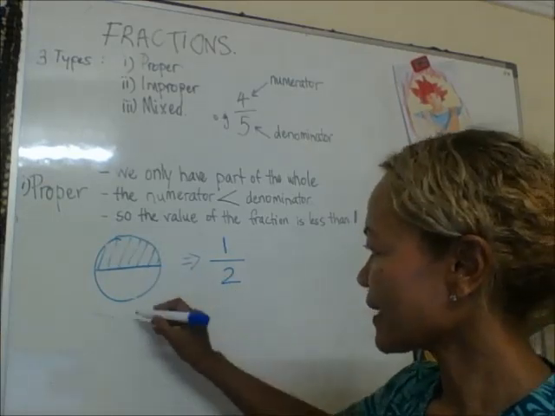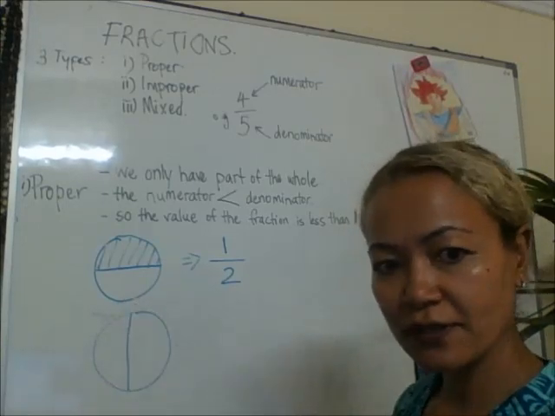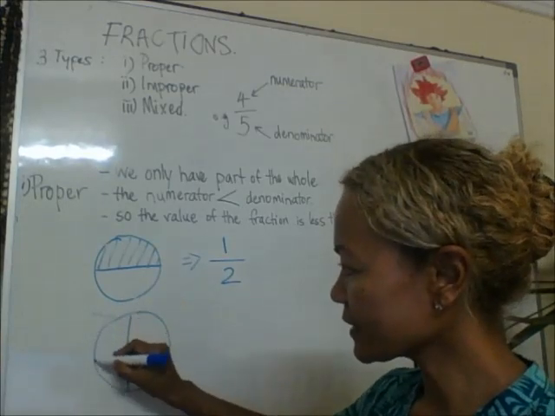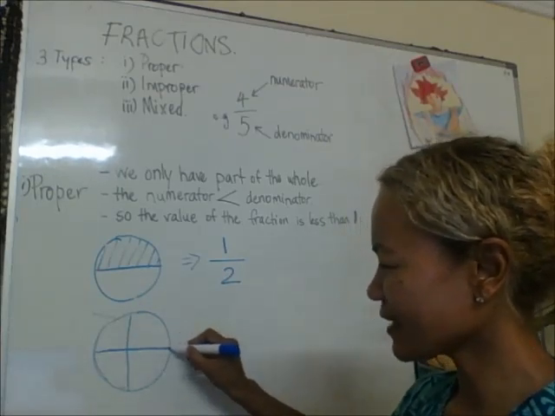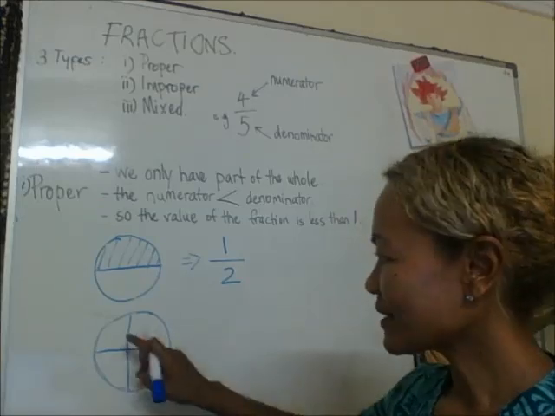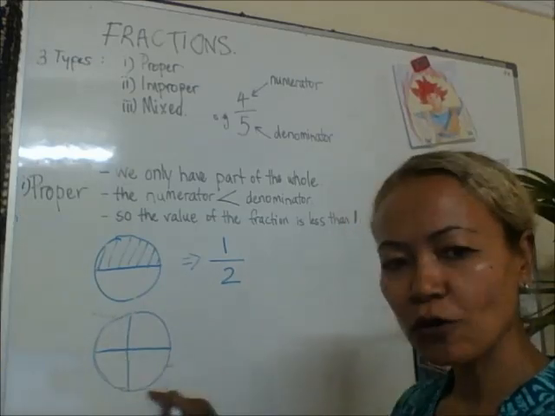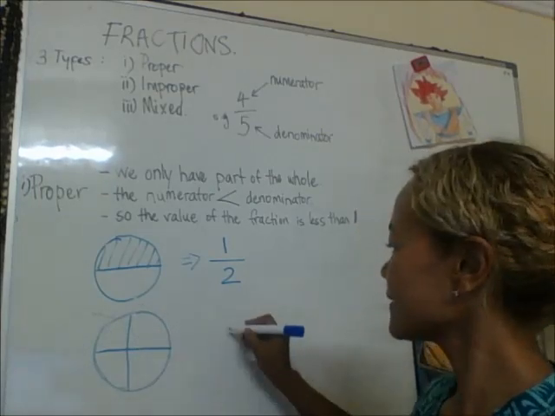Okay, let's have another representation. I have a full circle here. I split it in half and then again in half. It's not perfectly drawn, but I've split the whole into 4 equal parts, right?